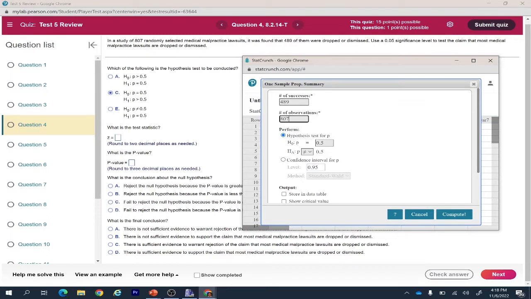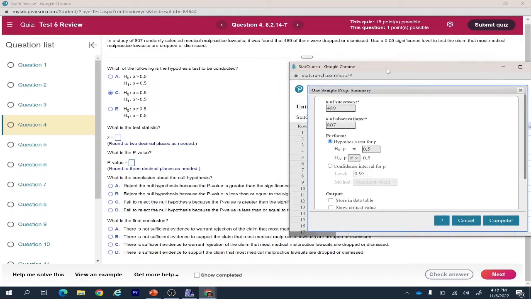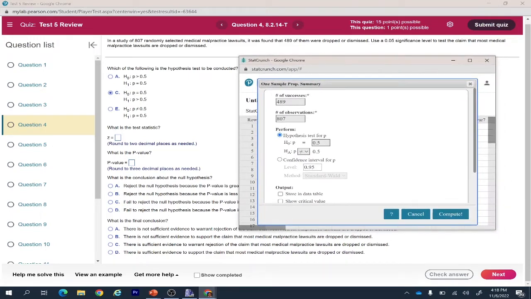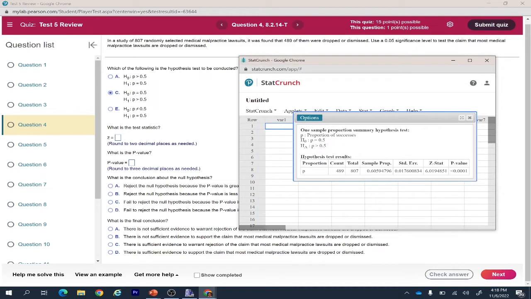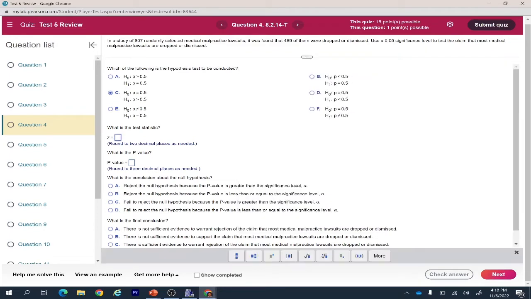That's coming from our sample. Now the null hypothesis is equal to 0.5, and the alternative is greater than 0.5. If we just hit compute, it gives us a lot of information like the z-score, which is 6.01. If you round it to 2 decimal places, it's 6.02. So that's our z-score, 6.02.